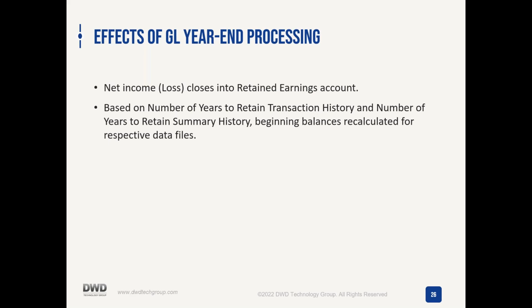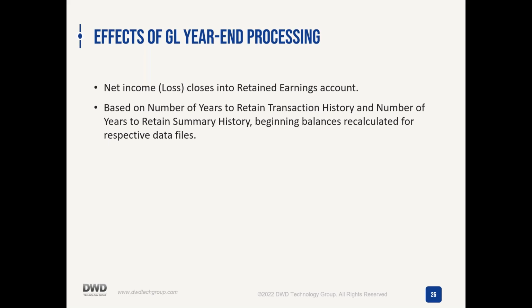We talked about the history as far as transaction history, number of years to retain summary history. What happens then? Well, as I pass those particular thresholds, then beginning balances get recalculated for those accounts in the GL based on the live activity that exists in the data.